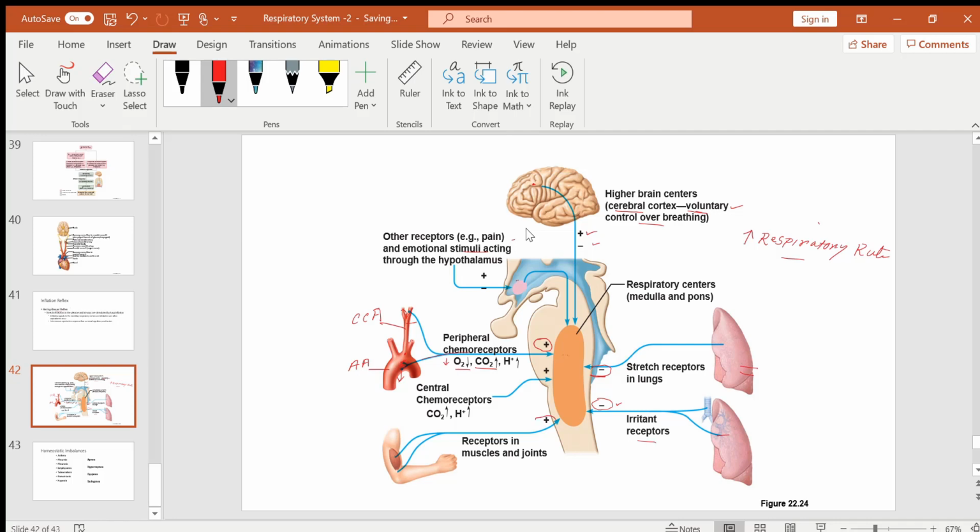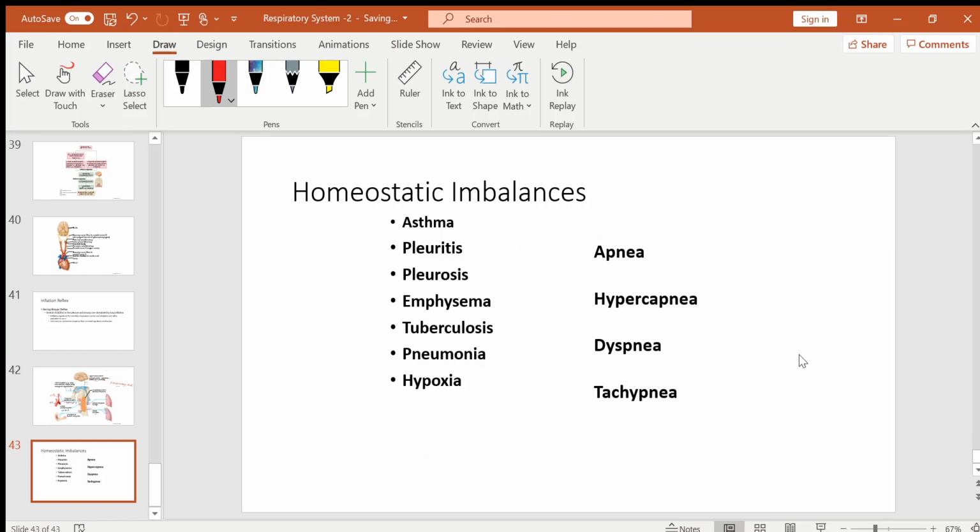Okay, now the last thing, I'll talk about a few clinical conditions next. So asthma is the clinical condition that is called an allergic reaction.